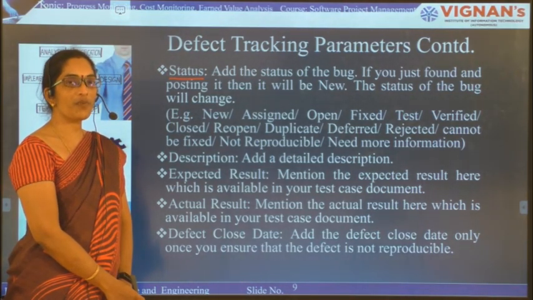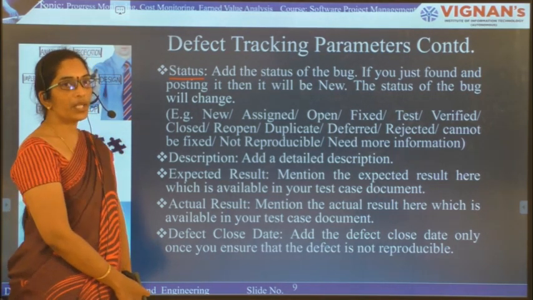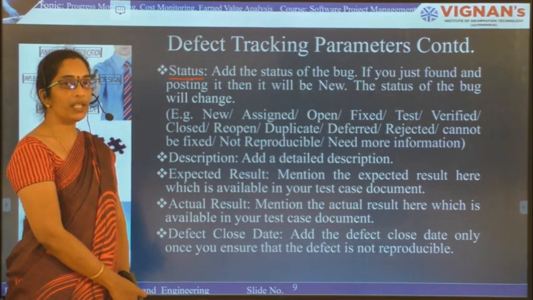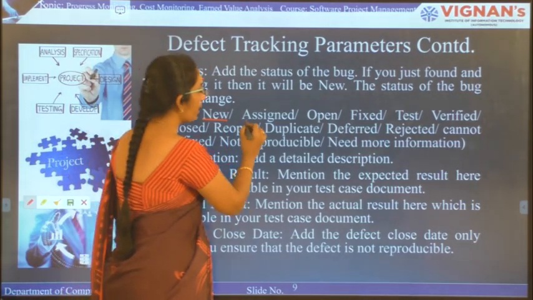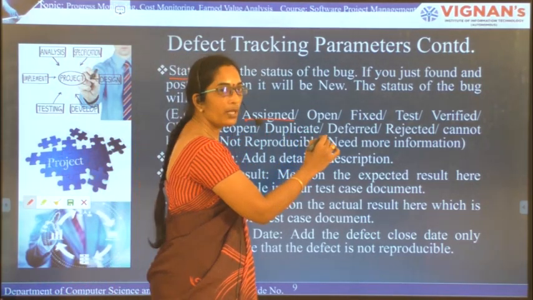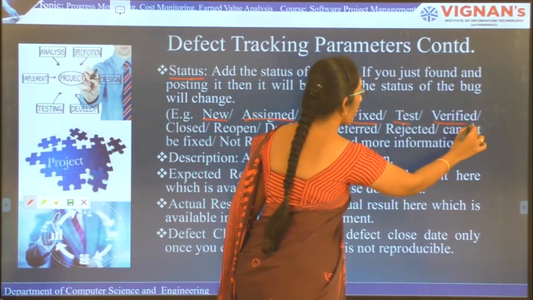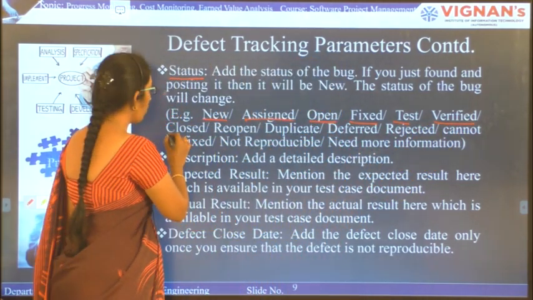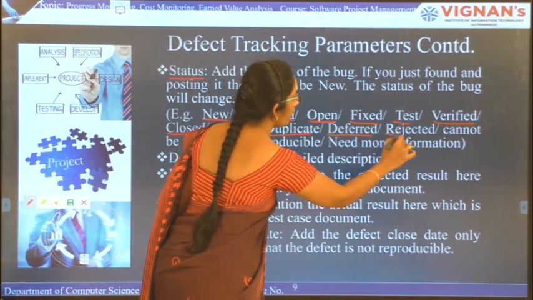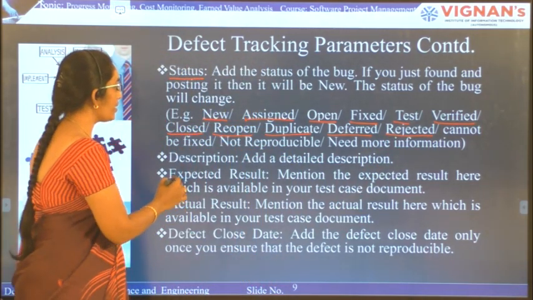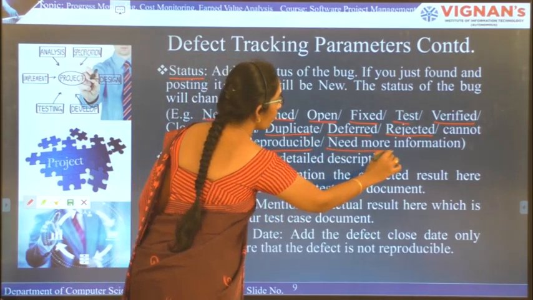The defect can change from one state to another state, and there are different states for a defect. A defect can be in any one of the states, like new, assigned, open, fixed, test, verified, closed, reopen, duplicate, deferred, rejected, cannot be fixed, not reproducible, need more information.